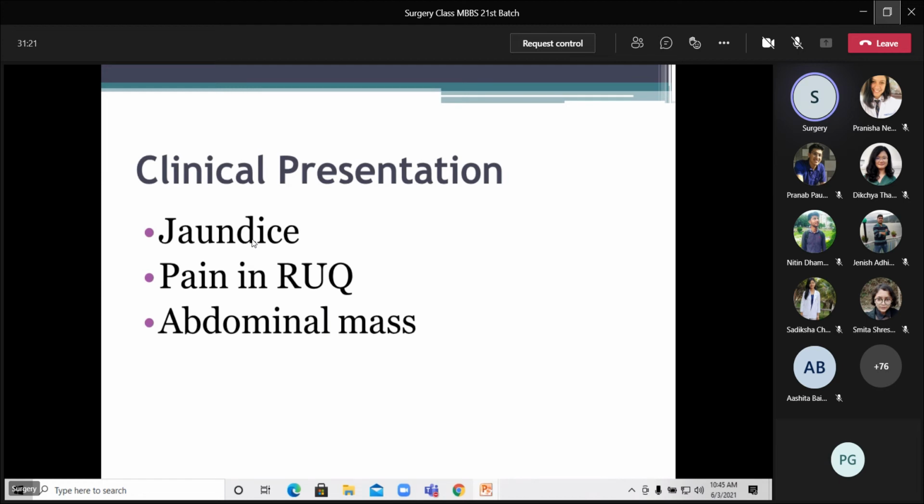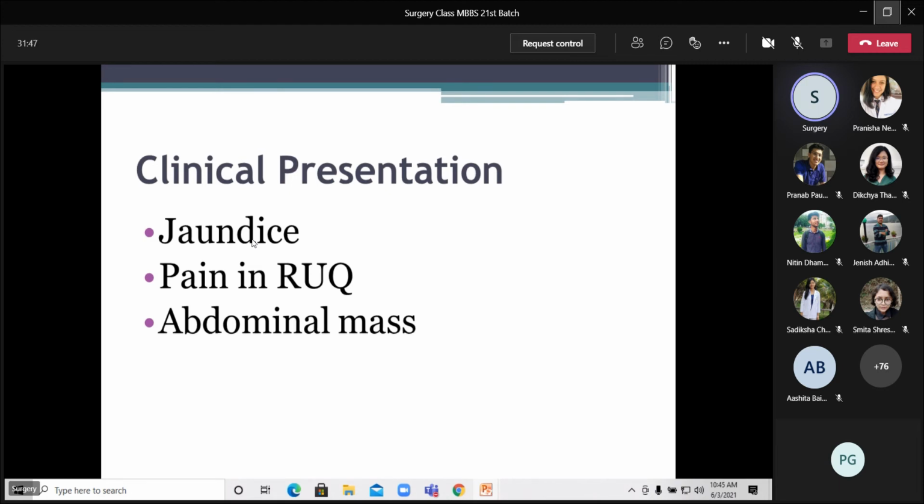So, clinical presentation of choledochal cyst. Two things you have to remember: it is congenital, or it is acquired secondary to abnormal pancreatico-biliary junction abnormality. That's the cause of a choledochal cyst. Clinical presentation: the patient will develop jaundice, pain in the right upper quadrant, and an abdominal mass.